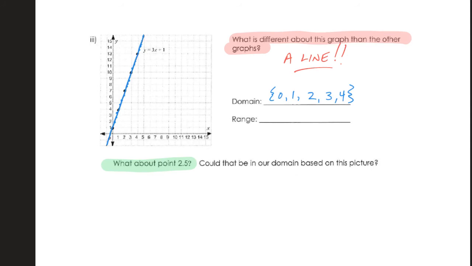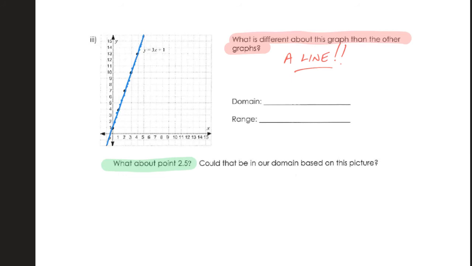Okay, here's where we're going to get very detailed. Here's where I want us to slow down for a little bit. So I want you to look at the graph that I just shaded in blue. If we were to answer that question, on that graph, what is my domain?